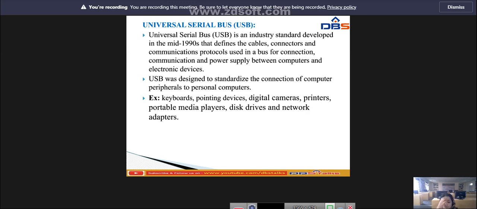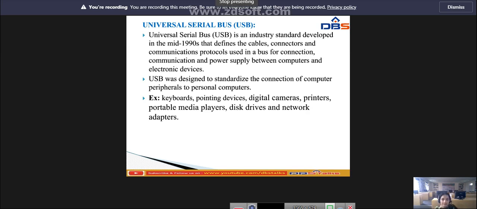USB 3.0, super speed, was released in 2008. The standard claims a theoretical maximum transmission speed of up to 5 gigabits per second, and USB 3.0 reduces the time required for data transmission, reduces power consumption and is backward compatible with USB 2.0.